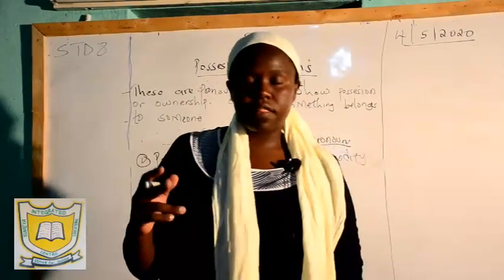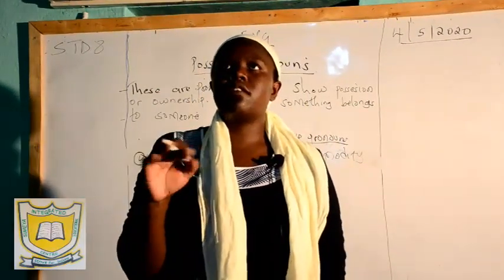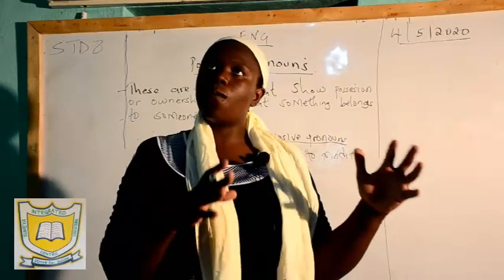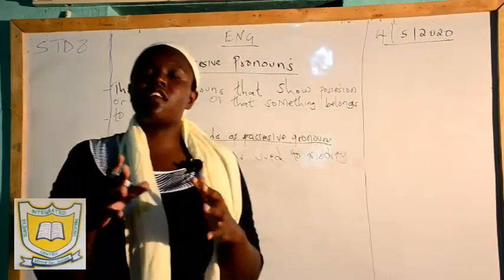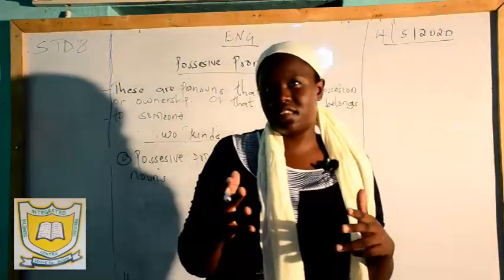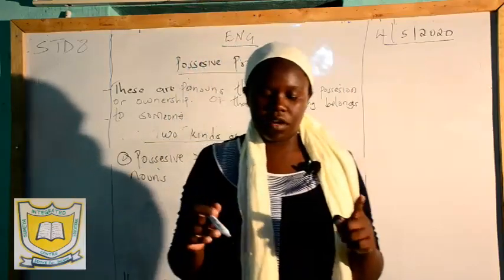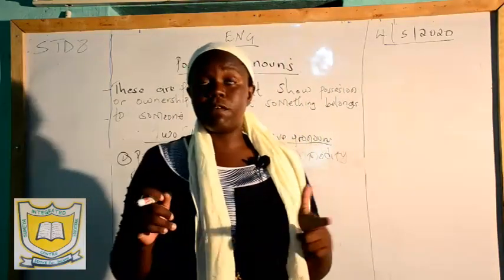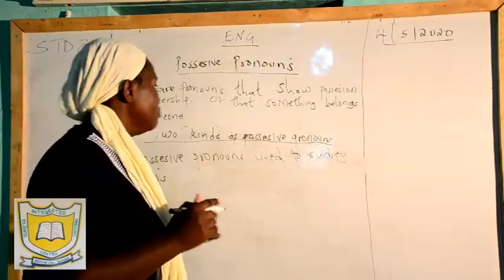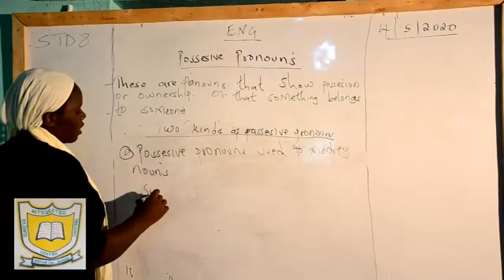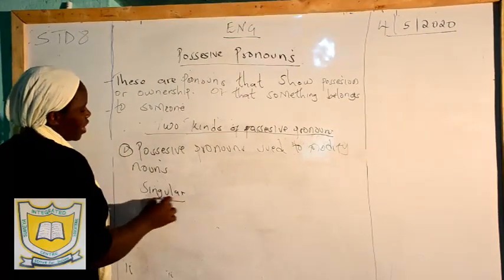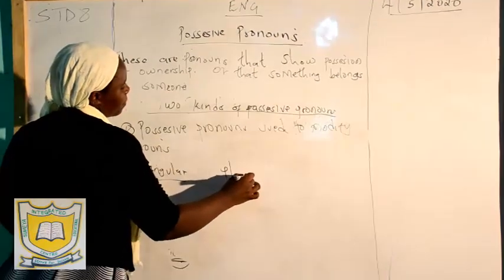How can we use possessive pronouns as modifiers? Or why do we say they modify nouns in a sentence? Because these possessive pronouns are going to come before the noun. Example: we have the singular ones, and then we have those that are plural.